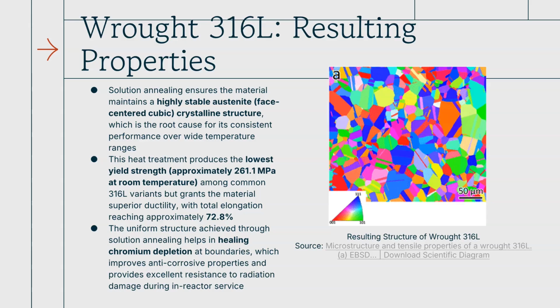The uniform structure achieved through solution annealing helps heal chromium depletion at boundaries, which improves anti-corrosive properties and provides excellent resistance to radiation damage in reactor service, making it an ideal material for environments where highly radioactive processes are occurring.